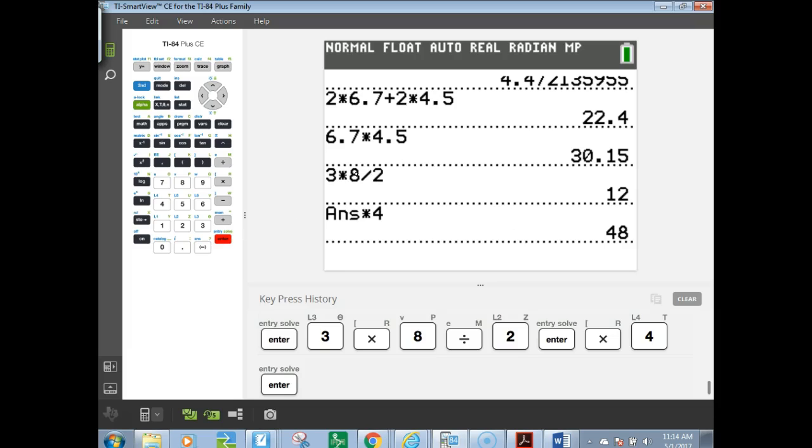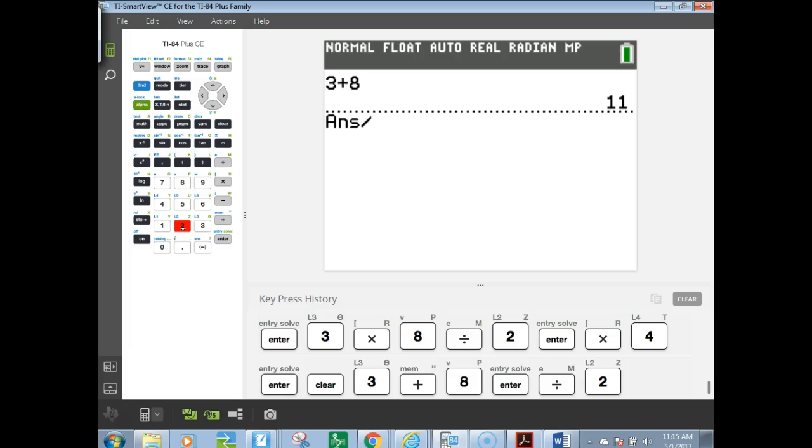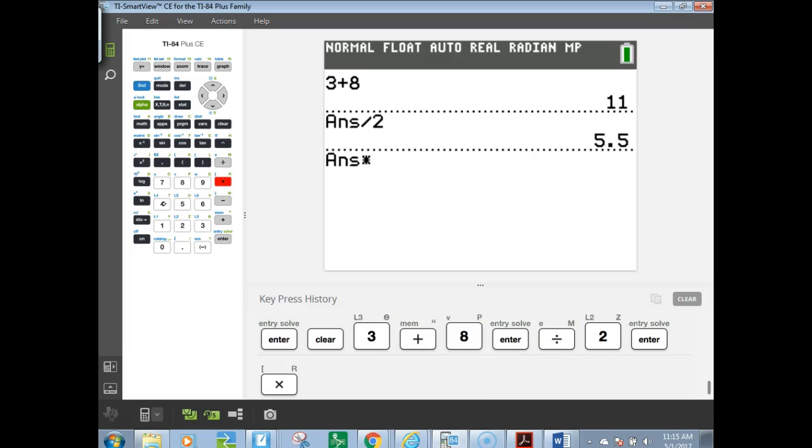And I hit times, I mean, there's a lot of ways you can type this wrong. It's not times, it's plus. Do we need to go over any more about that, about getting it calculated correctly? I just say type the 3 plus the 8, then hit enter, then divide by 2, then multiply by 4. Right.